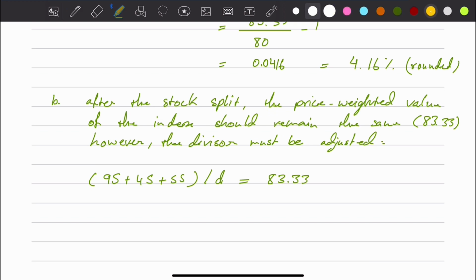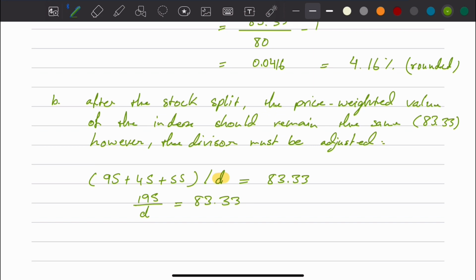Instead of writing 3, I put D as a symbol, or an abbreviation, for the new divisor that we want to calculate. Now we need to play around with our formula to find the value of D. So let's first simplify the numbers. 95 plus 45 plus 55 would be 195, divided by D, should equal 83.33.